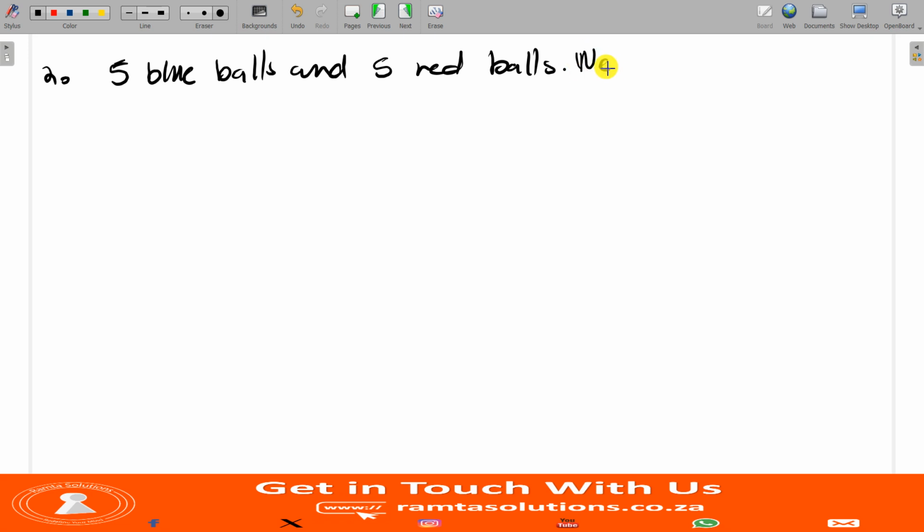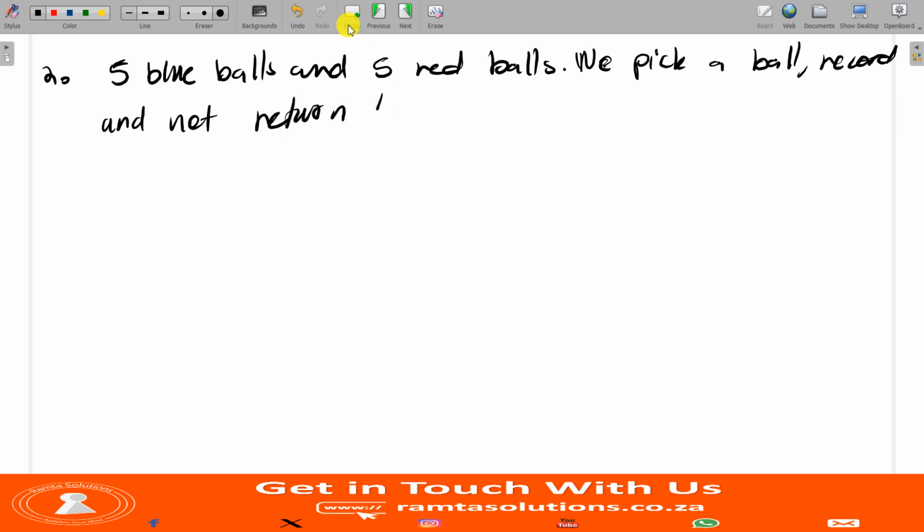We pick a ball, record it, and not return it to the set. So now 2.1, what is the probability that the first ball is blue?